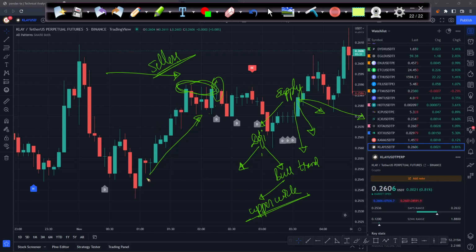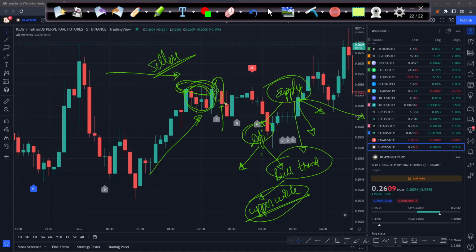And then coming to this point we were seeing some fight between buyers and sellers, and as the current parent node is a supply candle, it's plausible that we're going to move downward. See, here was the resistance.